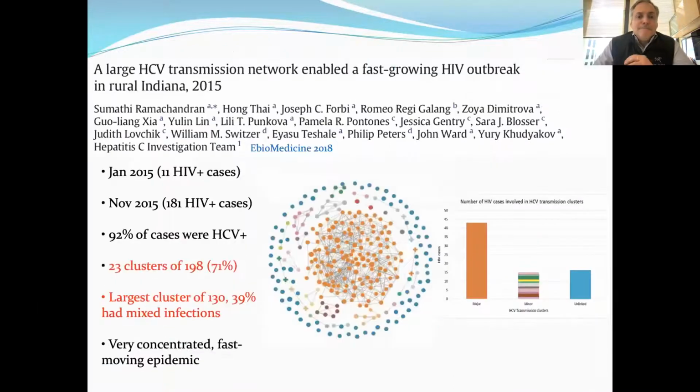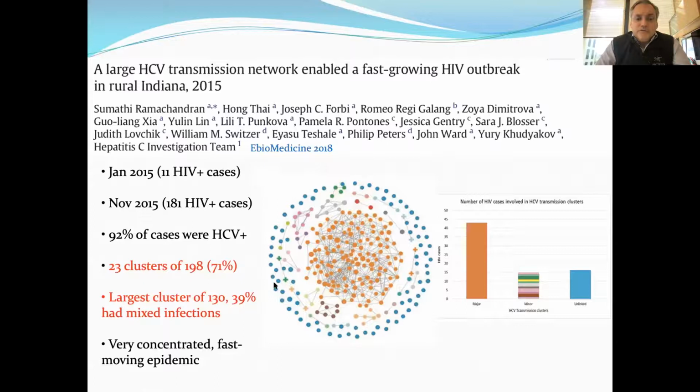And so the best known example of this, I think, is the Scott County HIV outbreak, in terms of the application of HCV phylogenetics to understand that outbreak, which really grew from a small number of cases in January 2015 up to almost 200 cases by the end of the year. 92% of those cases were Hep C positive, and that brought to light the fact that there was really this underlying HCV epidemic that was, in essence, driving the HIV infections in the area.